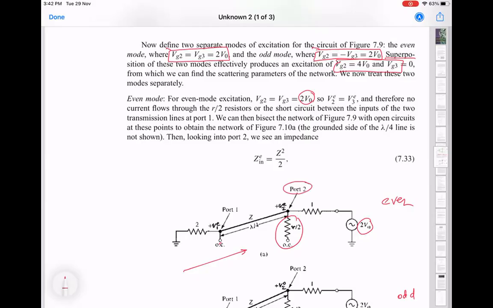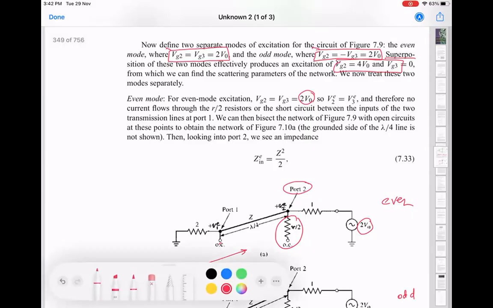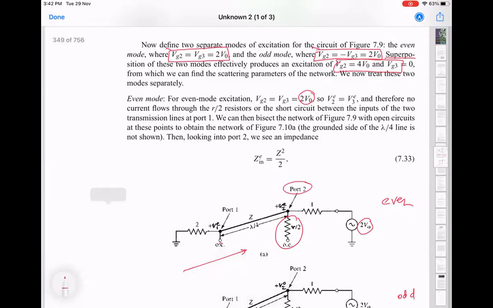And they call that Z in, which is port 2. Z in even mode into port 2, so that's basically looking in this direction.